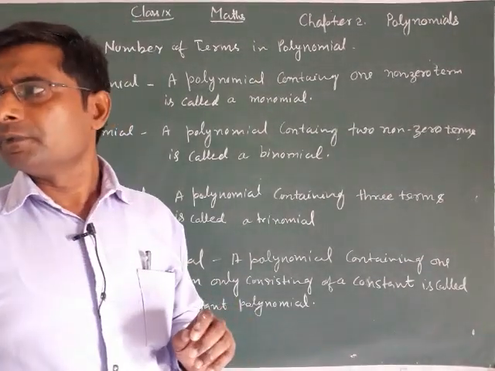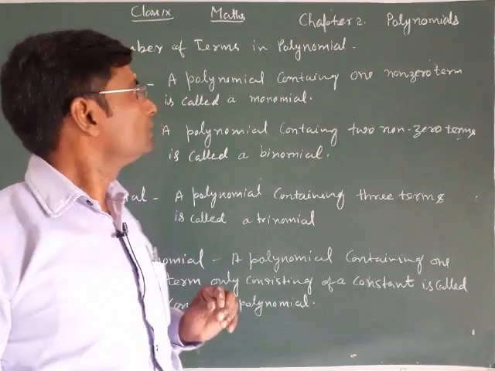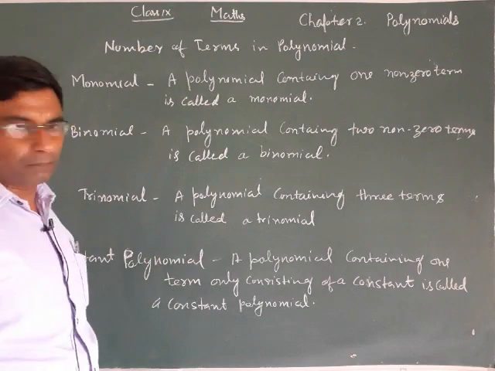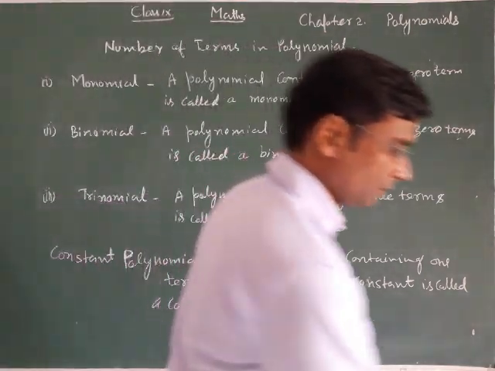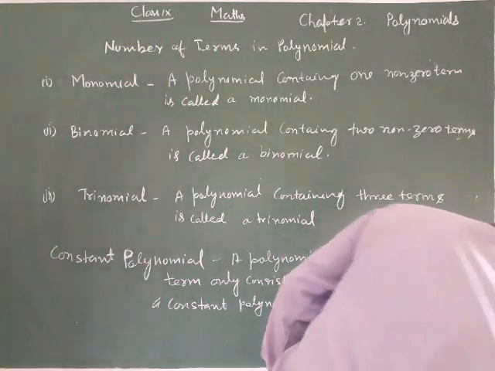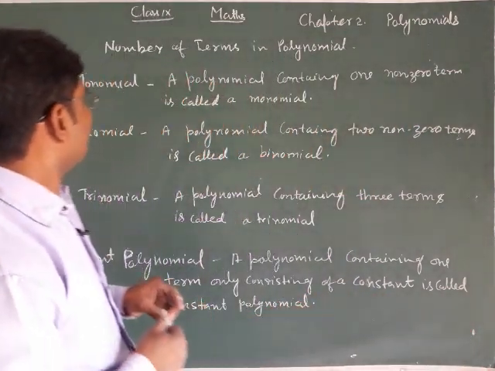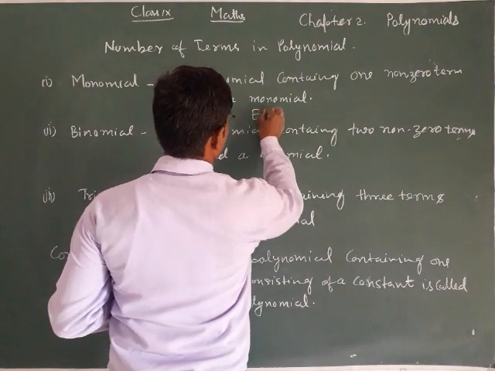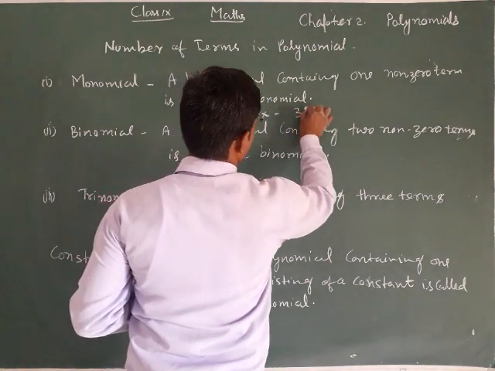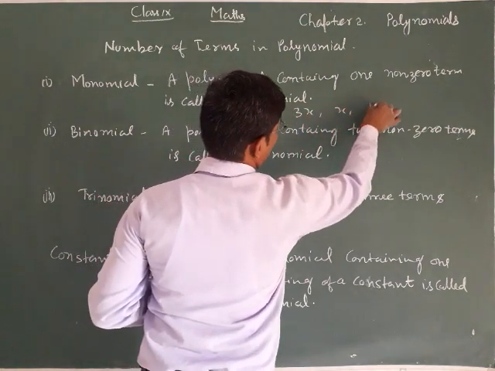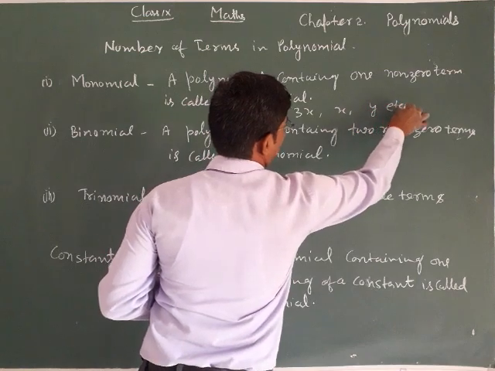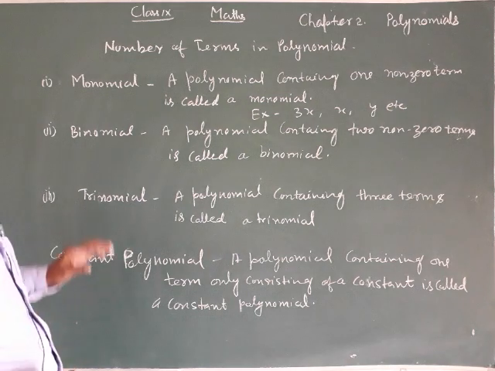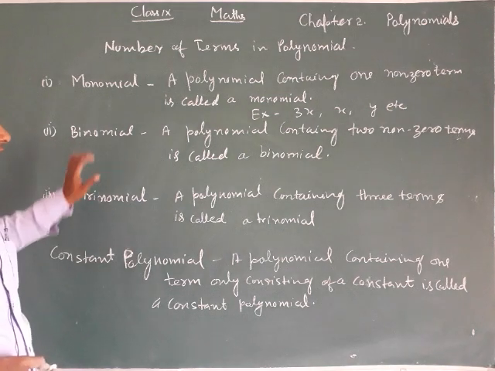Number of terms in a polynomial. First, monomial. A polynomial containing one term is called a monomial. For example, 3x, x, y, etc. These are called monomials. Second, binomial.